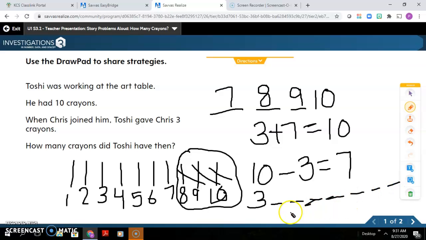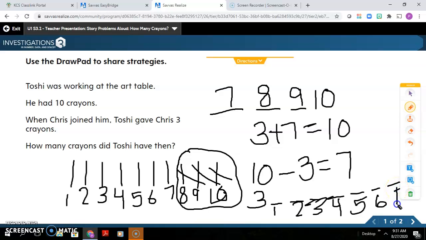And then see how many lines you have. 1, 2, 3, 4, 5, 6, 7. All right, my 7 doesn't want to show up there.